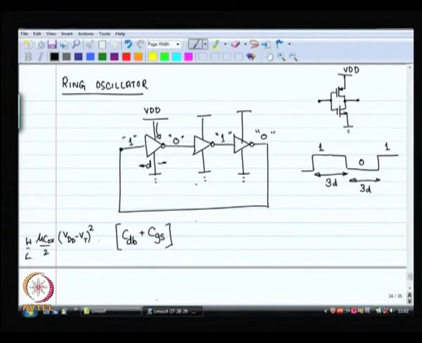Of course, this is when the device is in saturation. The device is not going to be in saturation most of the time, it is going to be in the linear region, in which case you have to modify this equation, and hence this current expression is not really correct, but to first order you can see that if I increase VDD the current is going to increase.